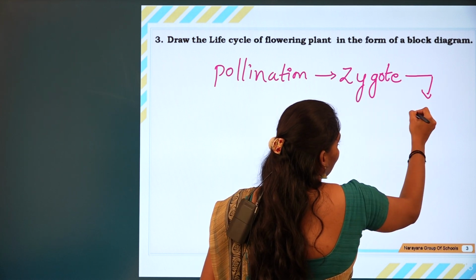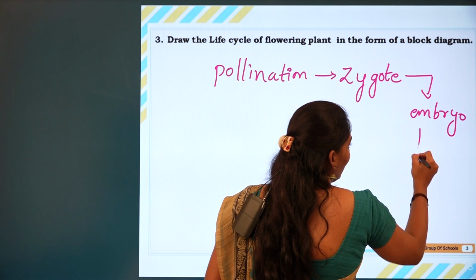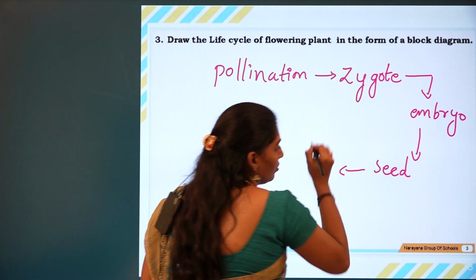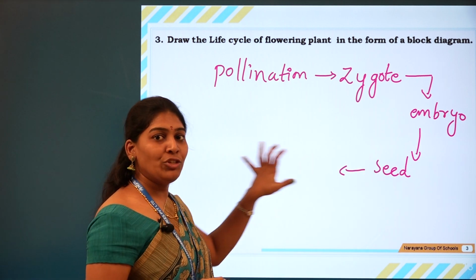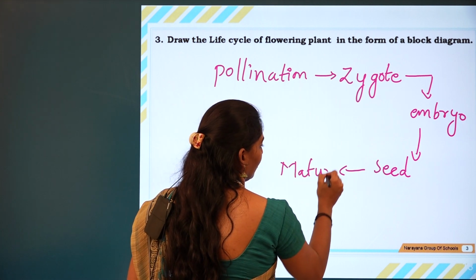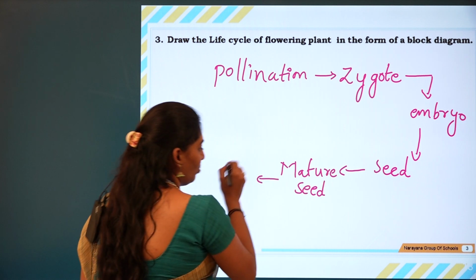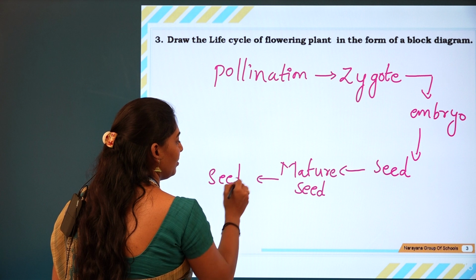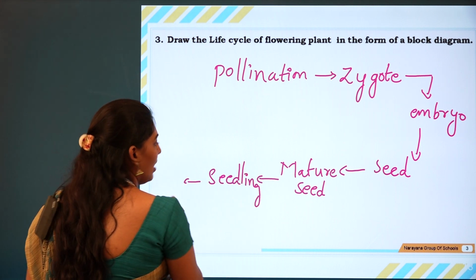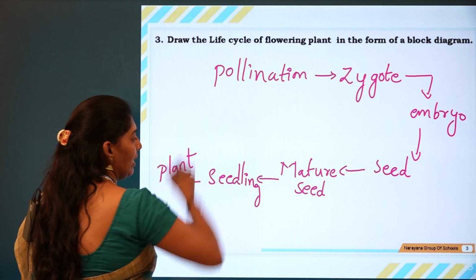The zygote develops into an embryo. Embryo to seed, seed to mature seed. Germination gives the seedling, and then it develops into a new plant.